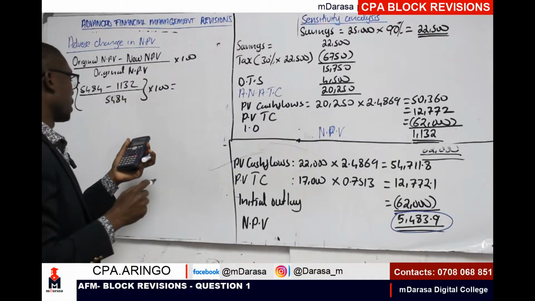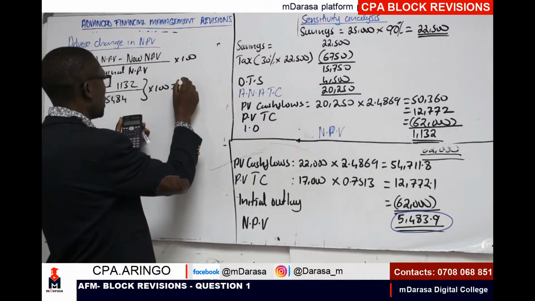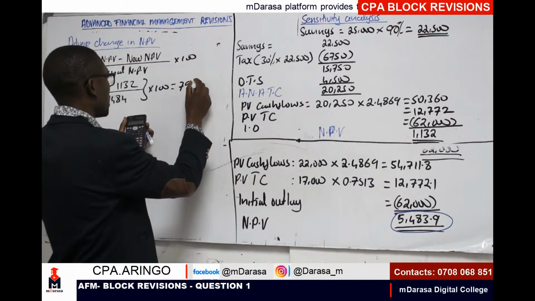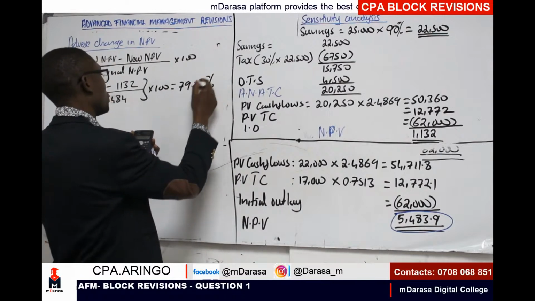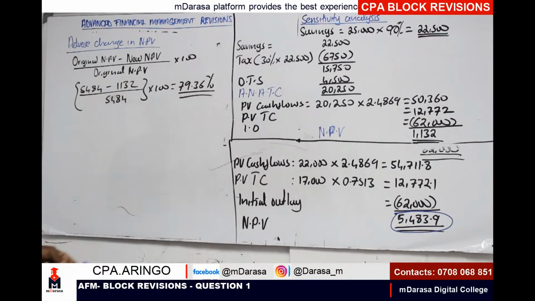Those are very adverse: 79.36%. That is very bad, right?